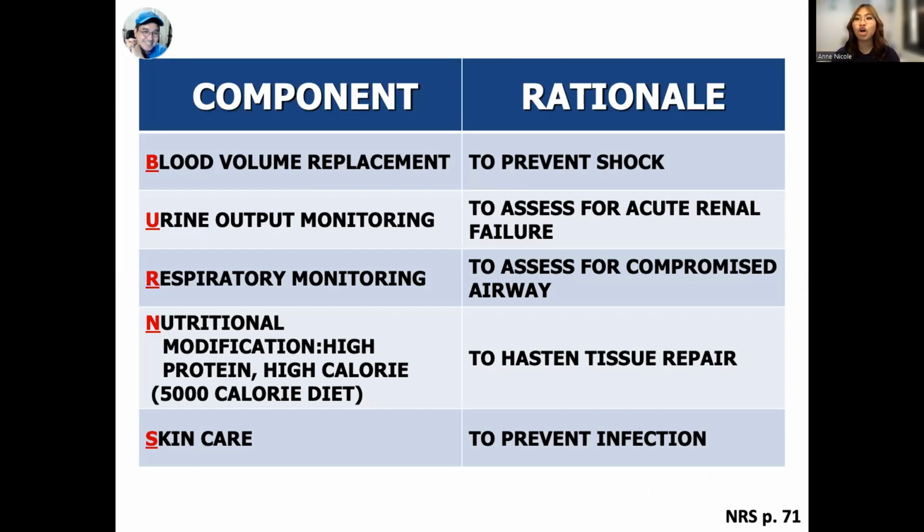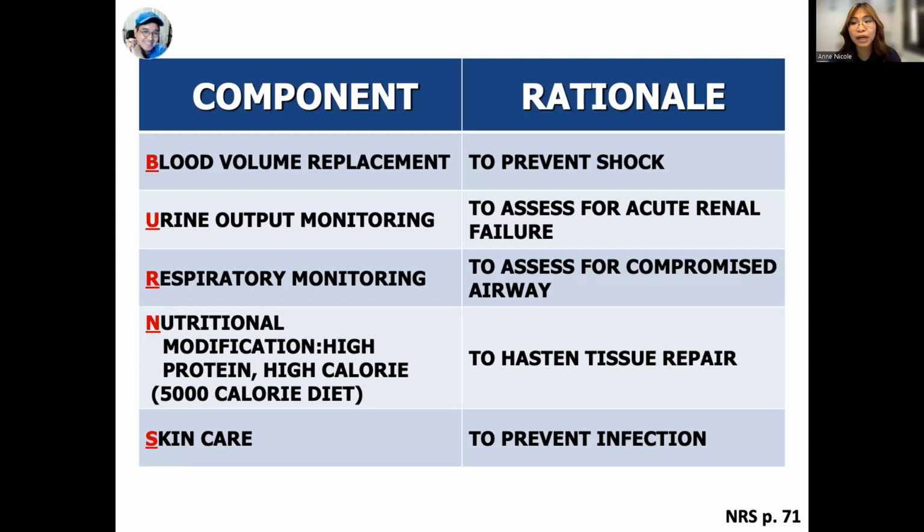The kidneys could also be affected because your kidneys are responsible for your water balancing. Respiratory monitoring, especially for those who have inhalation burns, should be assessed for compromised airway if we need to intubate the client. Nutritional modification entails the need for high protein and high caloric diet.